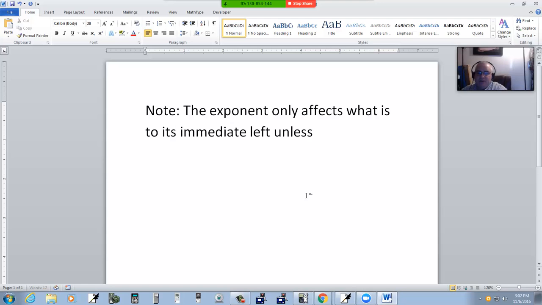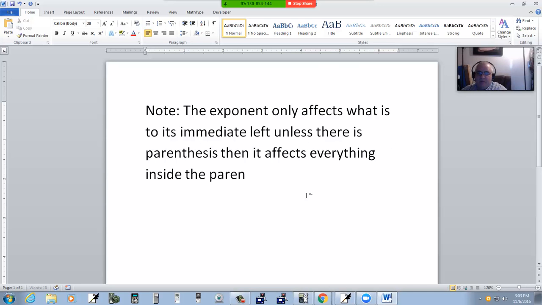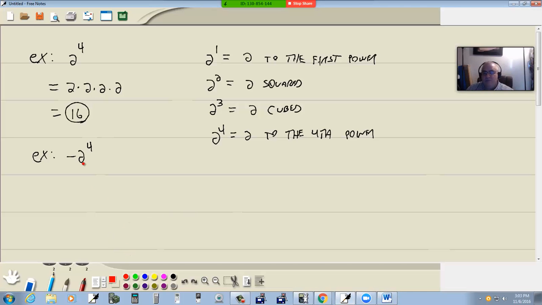Unless there's parentheses, then it affects everything inside the parentheses. So for this problem here, the exponent only affects what's to its immediate left. So it does not affect the negative. That just carries down. So 2 to the 4th, that means we got 4 2's, which gives us negative 16.